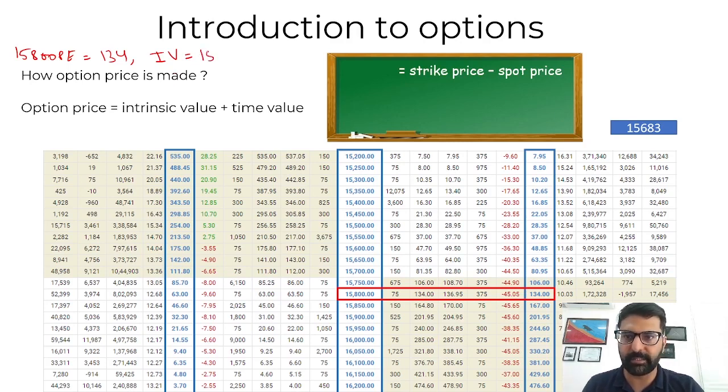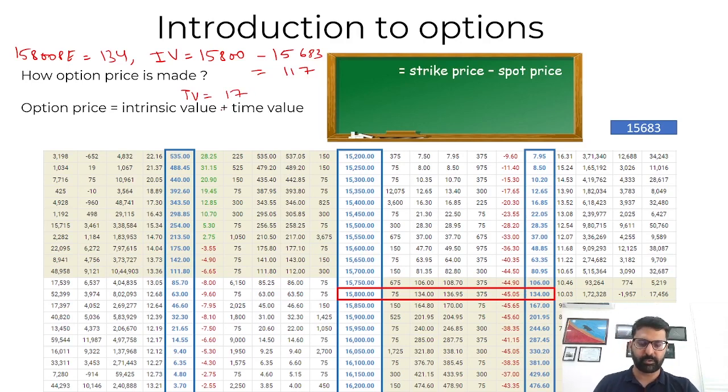So it is 15,800 minus 15,683. How much is this? This is 117, right? Yes. So this is the intrinsic value, and then the time value will be 134 minus 117, which is 17. Okay. So this is how you calculate for the put side.